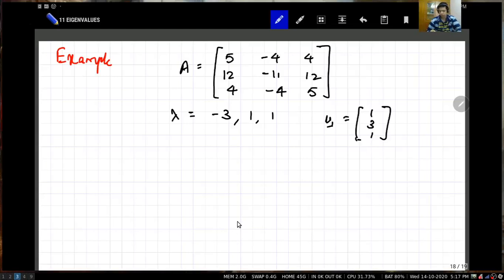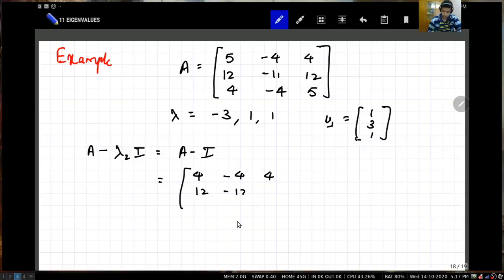Let's first check whether A is diagonalizable, and if so, find the eigenvectors corresponding to 1 and 1. For that, we need to look at A minus lambda 2 times I, which is A minus I, which is going to be the matrix (4, -4, 4), (12, -12, 12), (4, -4, 4).